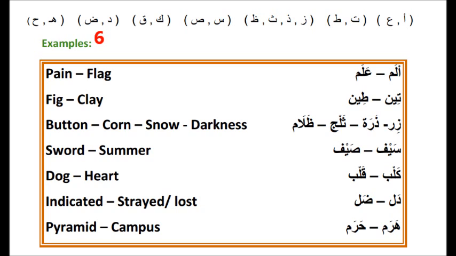The lam becomes heavy. So this could be a trick if you can't really pronounce the Dad: just pronounce the next letter heavier and it will kind of sound like a Dad.